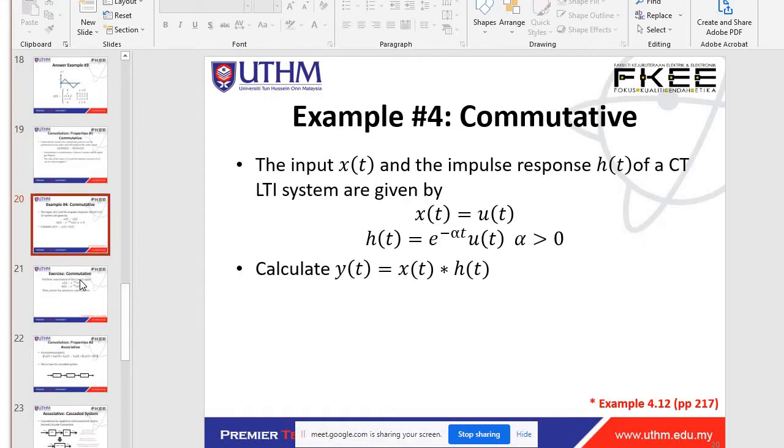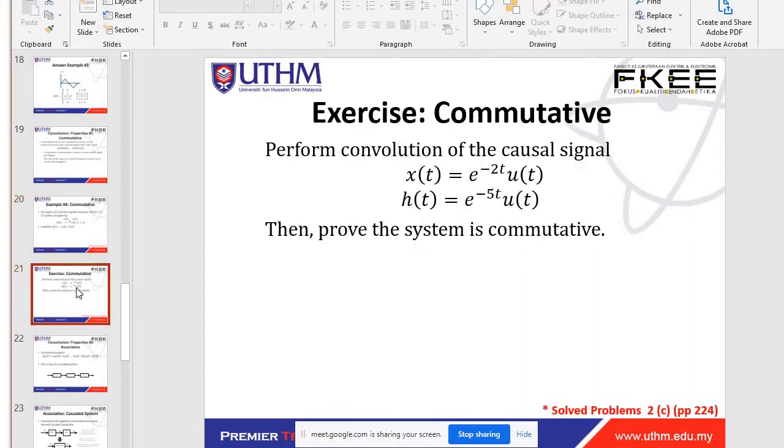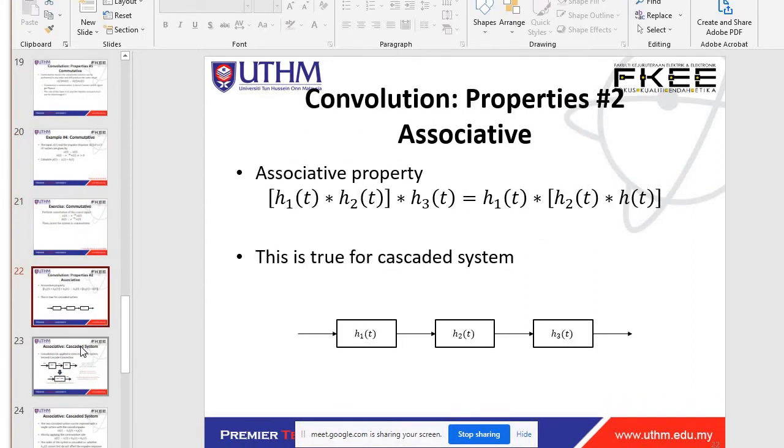Okay, so after that you go through the second property, that is associative. For the associative property, there is h1(t) convolute with h2(t), and then in the bracket convolute with h3(t).